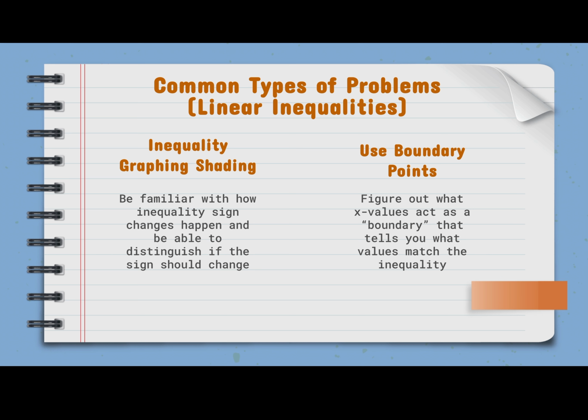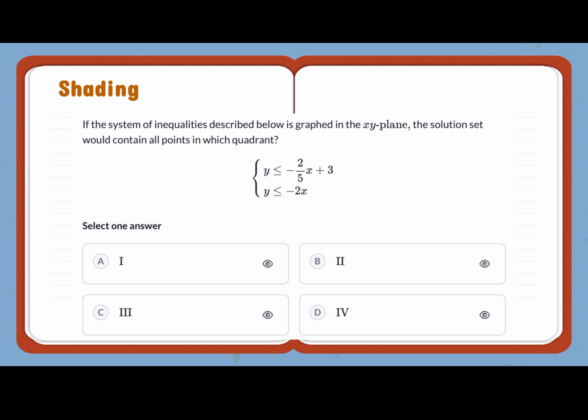And then the equal to sign will make the line solid, and no equal to sign will make it dashed, meaning that a dashed line does not contain solutions. And then the second one will be use boundary points to figure out what values actually match the inequality, meaning what is a solution.